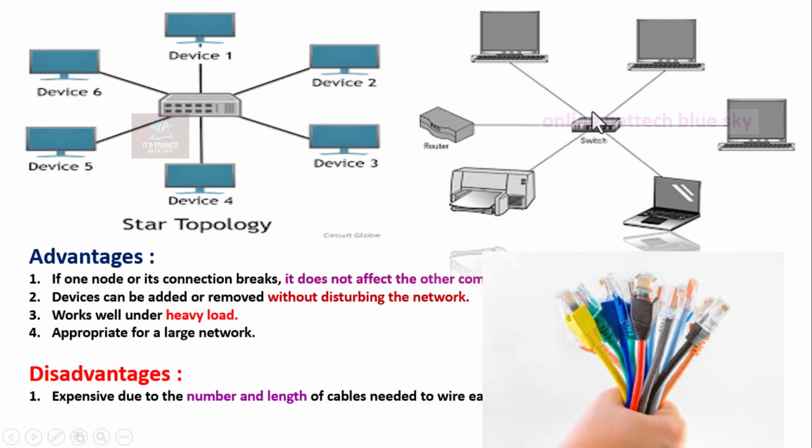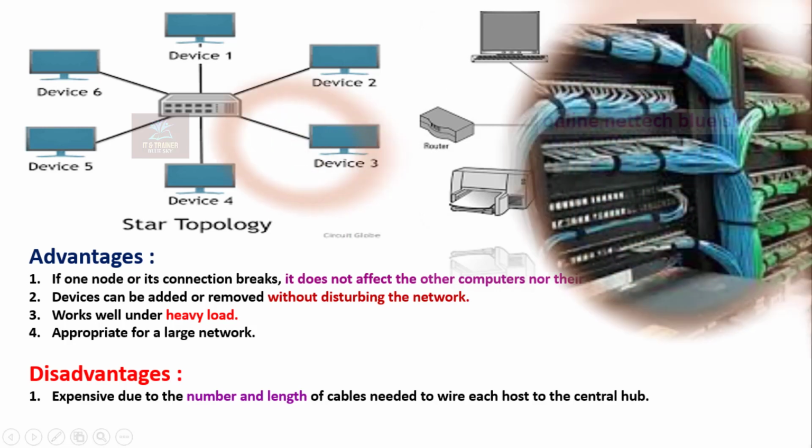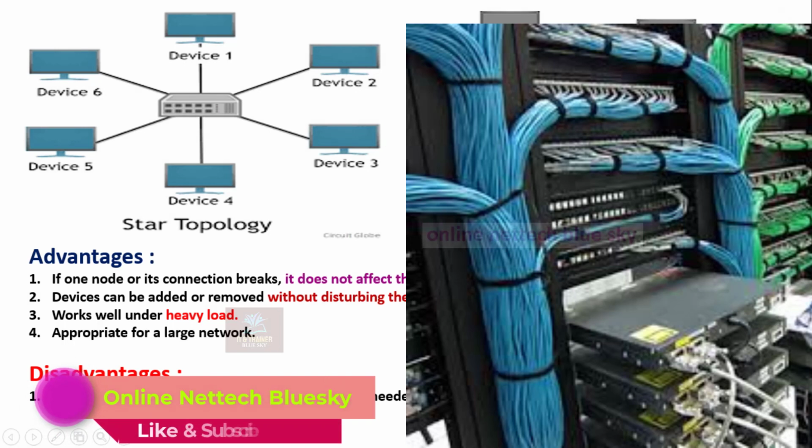If you want to connect more, you need another switch, connect it with one cable, and connect other devices there. One switch connects to a second switch, and that to a third. So this is one way you can increase your network. So first, the cables needed, their number and length, are very important.